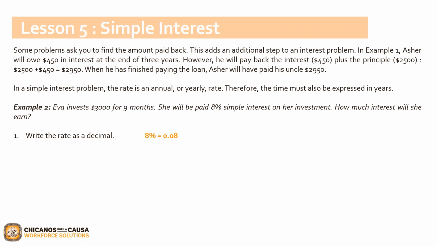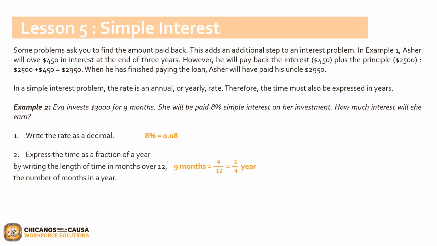Second, we need to express the time as a fraction of a year by writing the length of time in months over 12, the number of months in a year. So 9 months equals 9 over 12 equals 3/4. Third, we would multiply. Using the formula I equals PRT, we'd have 3,000 times 0.08 times 3/4, which would give us our answer: Eva will earn $180 in interest.